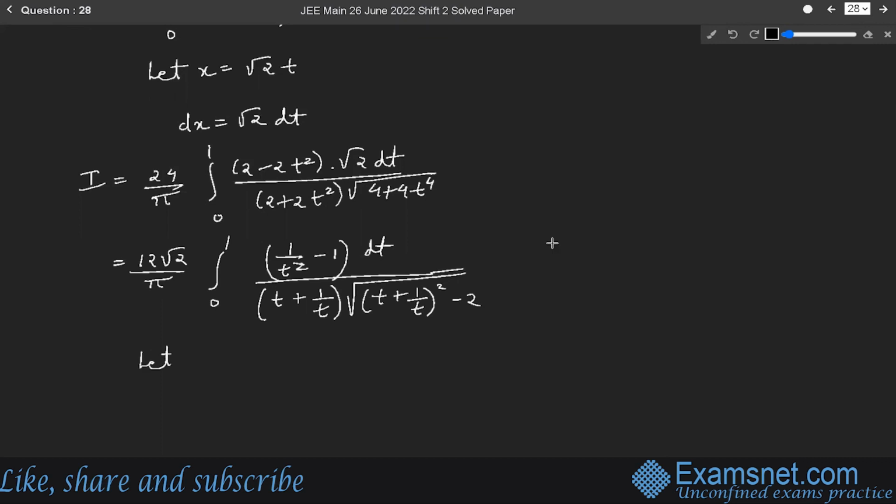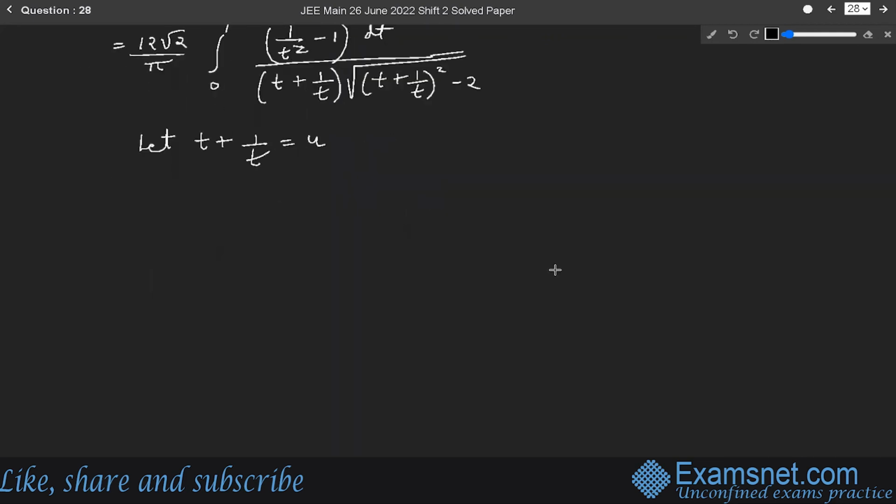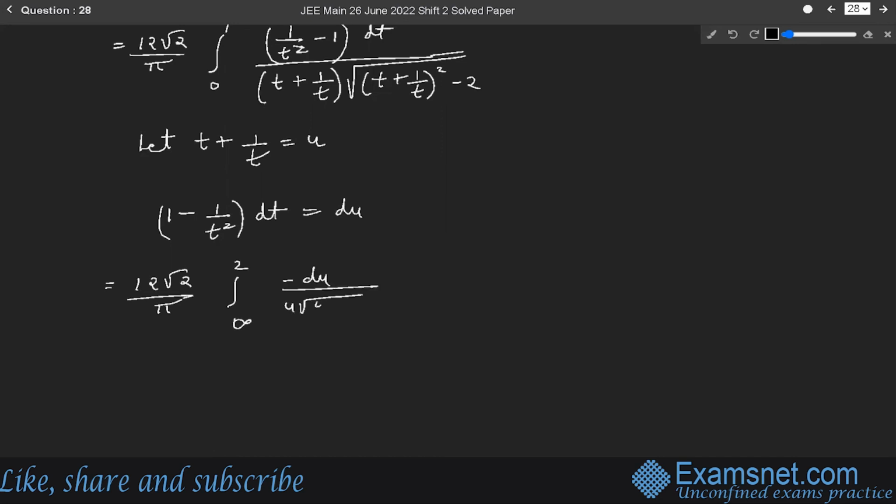Now let t plus 1 upon t is equal to u. Therefore, (1 minus 1 upon t square) dt will be equal to du. So the equation will be 12 into root 2 upon pi, integral from infinity to 2, minus du upon u into under root of u square minus 2.